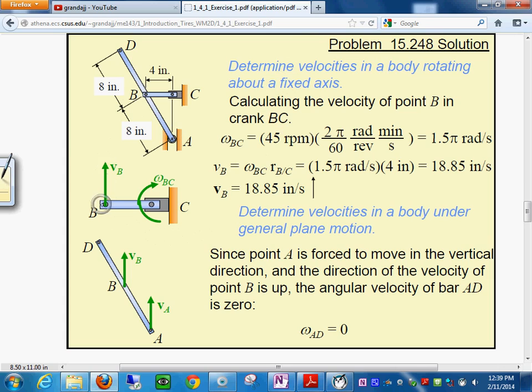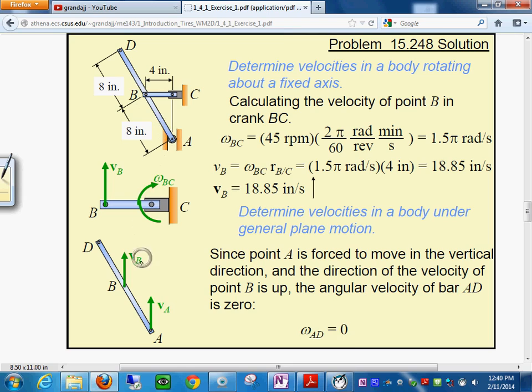So the velocity of the point B for this rotation about a fixed point C is in the vertical direction upwards for the point B. But you see, here's an interesting situation. Because the bar ABD is a rigid body, it follows that there's no relative displacement between A and B. And so wherever B goes at this instant of time, A has to follow.